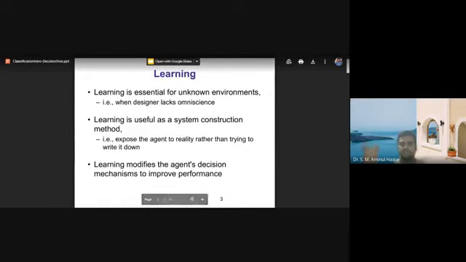Learning is something that is related to the real world. For example, you know how to make a cup of tea. That is knowledge, but that is not learning.